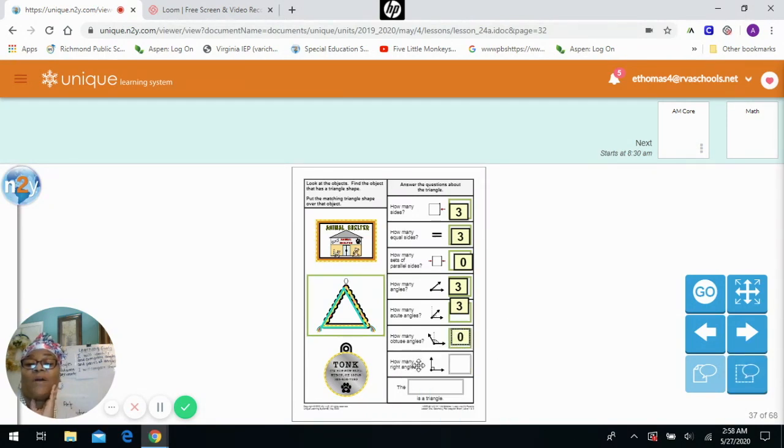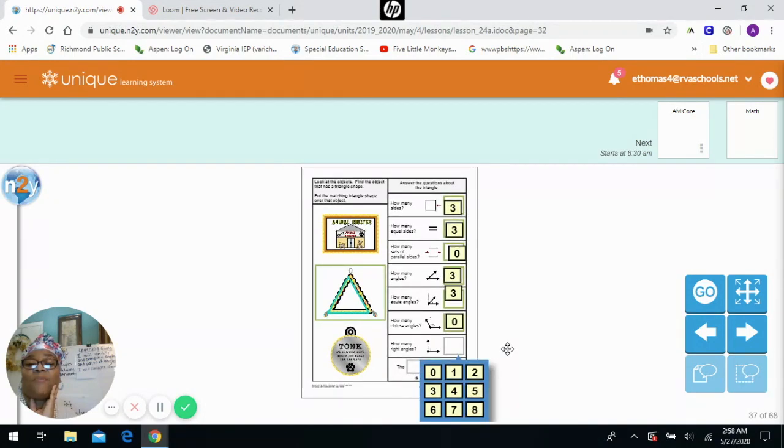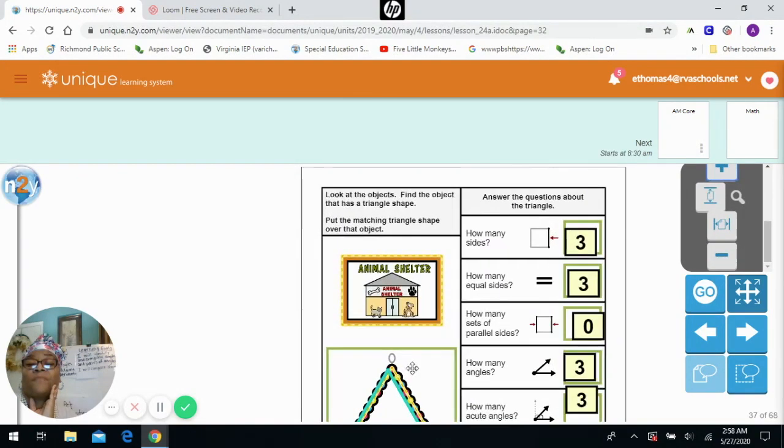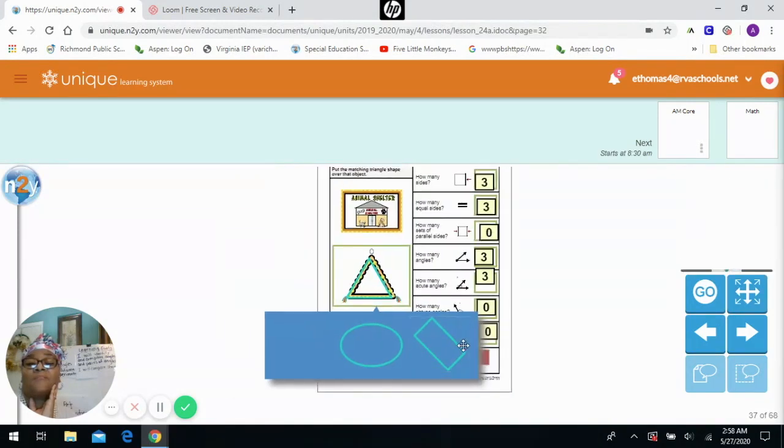And how many right angles? None. Very good. So the blank is a triangle. What is the triangle?